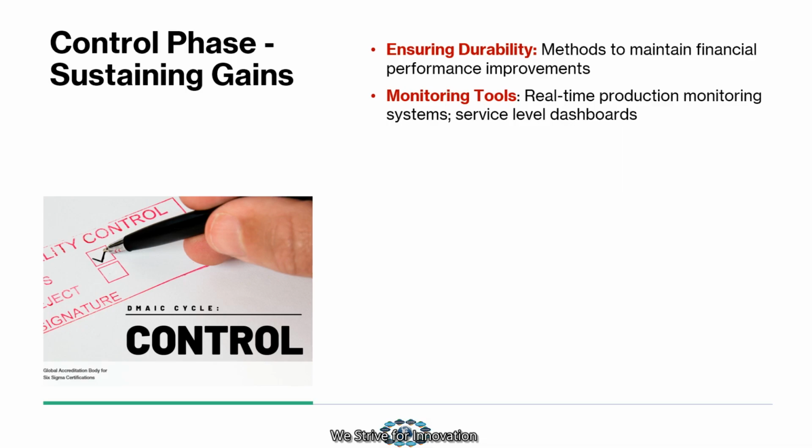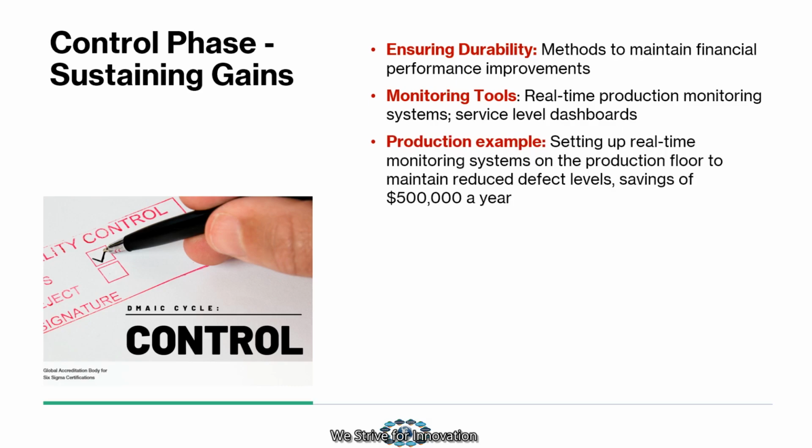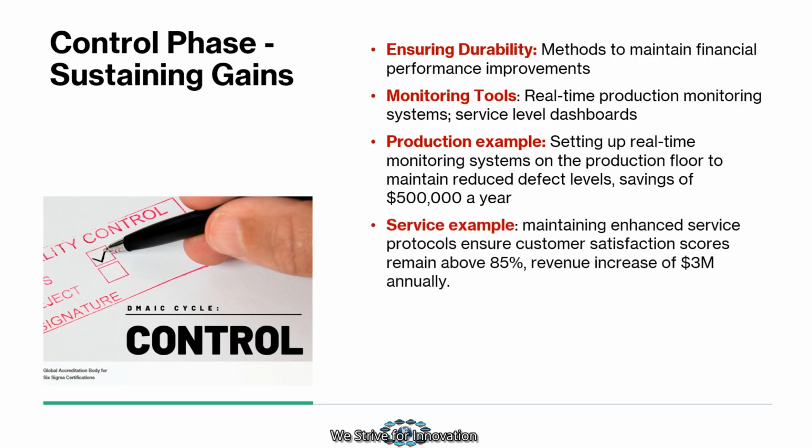Performance dashboards and regular audits. Let's say for a production sector example, set up a real-time monitoring system on the production floor to maintain reduced defect levels, which will ensure a saving of 500 per year. In the service sector, maintaining, for example, an enhanced service protocol that will ensure the customer satisfaction score remains above 85%, which will secure a revenue increase of about 3 billion.